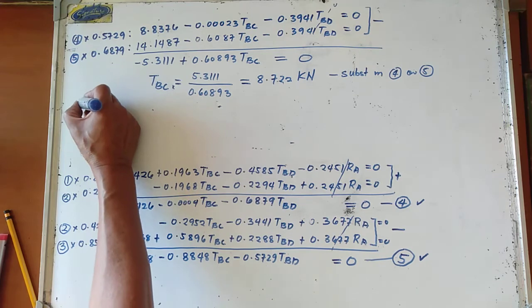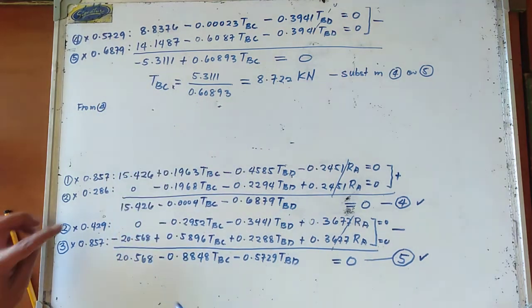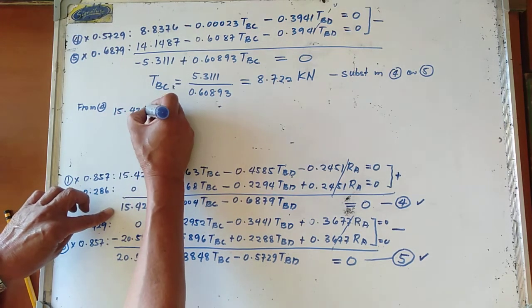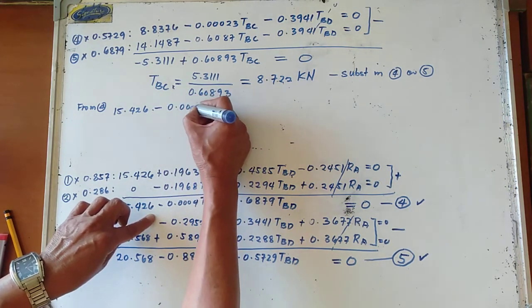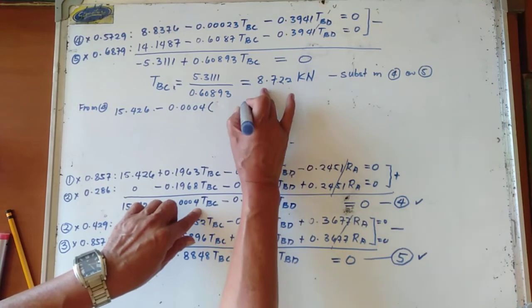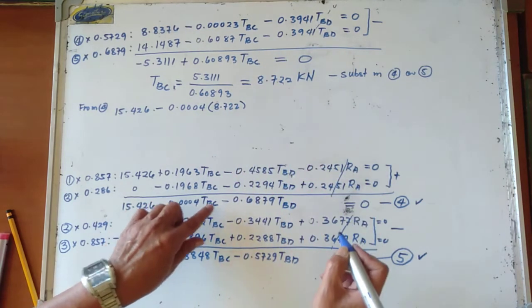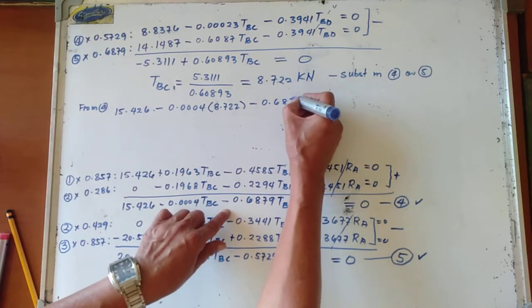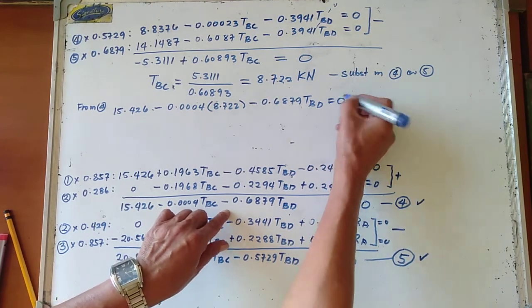So if you try to substitute that one from equation 4, so this is now 15.426 minus 0.0004 T sub BC, that is 8.722 kilonewtons, minus 0.6879 T sub BD is now equal to 0.